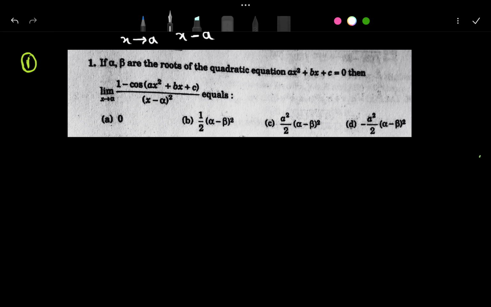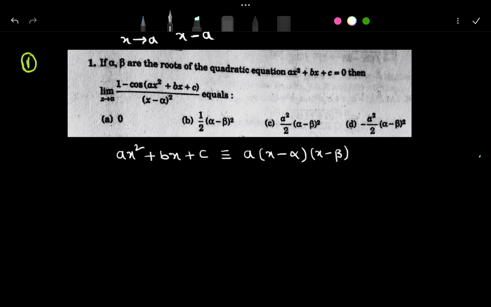First point, everyone should recall that if alpha and beta are the roots of the equation ax square plus bx plus c, then this one will be written as a into (x minus alpha) into (x minus beta). This is the first fundamental statement in this one.